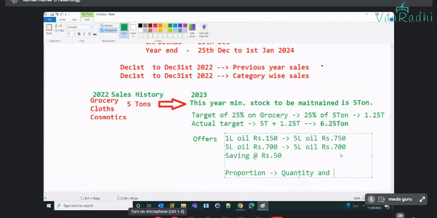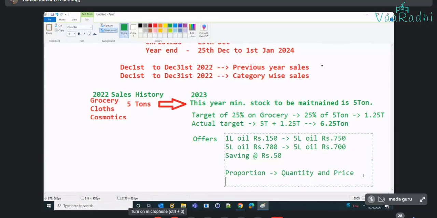And the other thing is price. Quantity and price. 1 liter price is 150, 5 liter price is 700. Clear? Quantity and price.